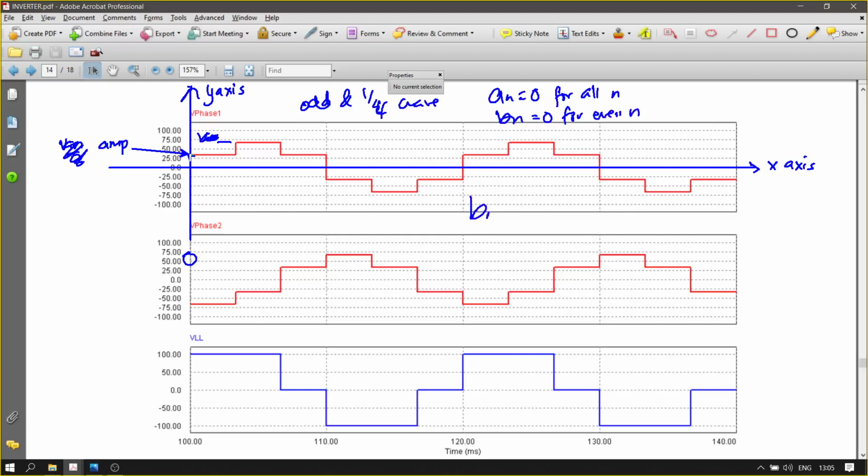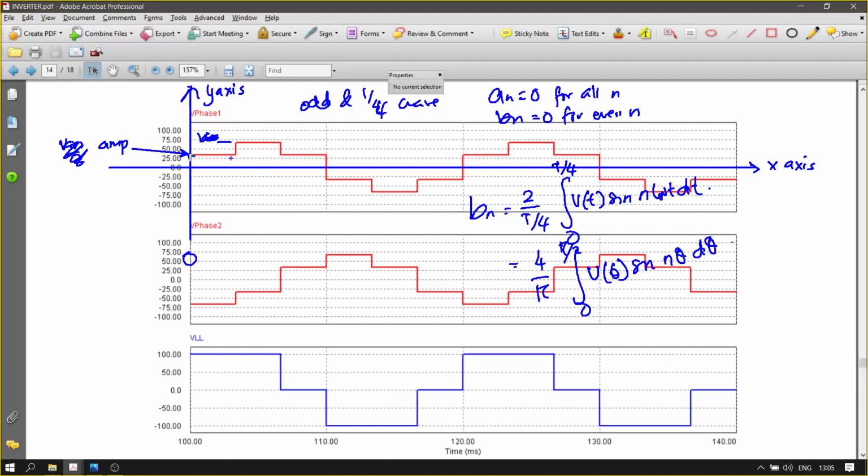Bn only exists for 2 over T, integral 0 to T over 4, v(t) sine n omega t dt. Then you can change that 2 to 2 pi, giving 4 over pi, integral 0 to pi over 2, v(theta) sine n theta d theta, right?